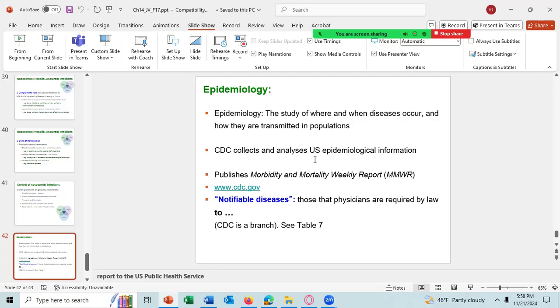Usually what happens is there will be certain diseases that we call notifiable diseases, those that physicians are required by law to report. And the physician will turn them in to the county health facility, which for Washington would be Vancouver for Clark County, the county health offices.